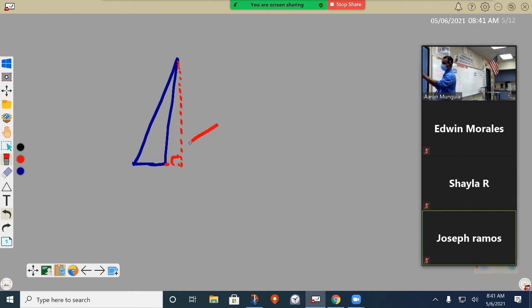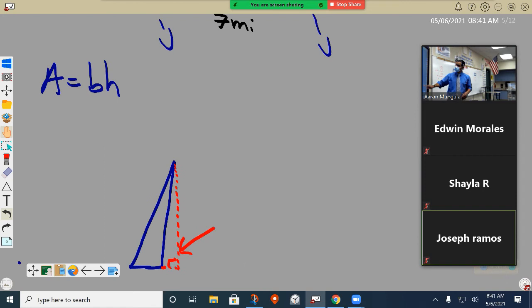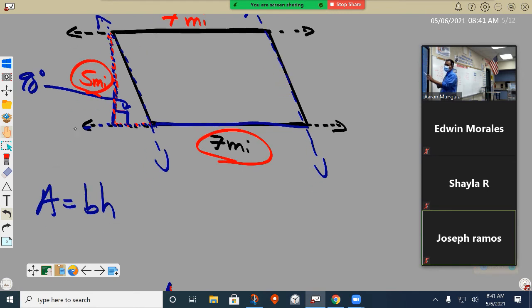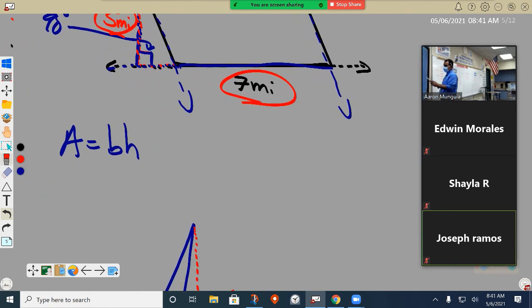There's a 90 degrees right there. The 90 degrees, the perpendicularity, would be outside the triangle. All that to say is that sometimes the perpendicular aspect is outside the shape. It's like what we have right here on the parallelogram. So the base is going to be 7. The height is going to be 5 miles, and the height is actually outside the parallelogram. So keep that in mind. Sometimes the height will be outside the shape itself and actually not even part of the shape.